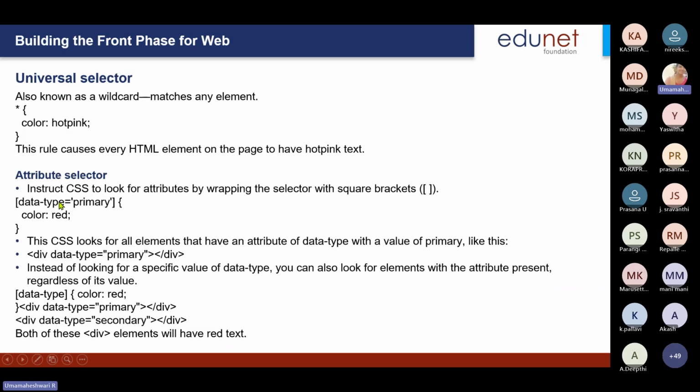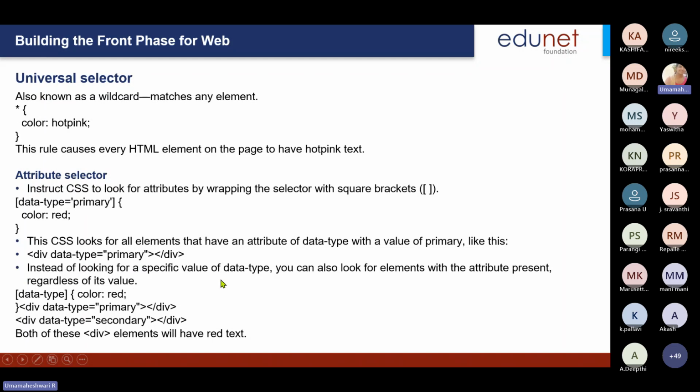And attribute selectors. Attribute selectors instruct the CSS to look for the attribute by wrapping the selector in square brackets. Let's consider data-type. You mention a data-type and what the value is going to be. So CSS looks for all the elements that have an attribute of data-type. For example, here in the div container, the attribute is data-type and the value is primary.